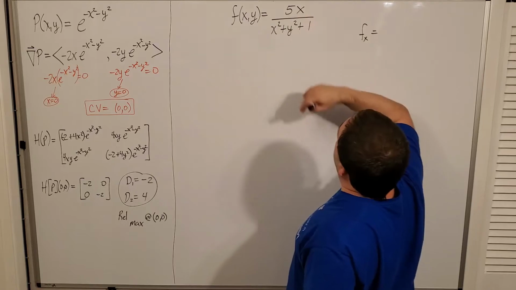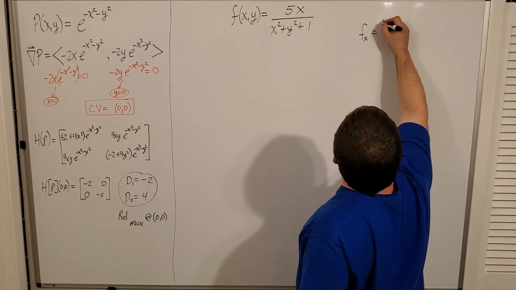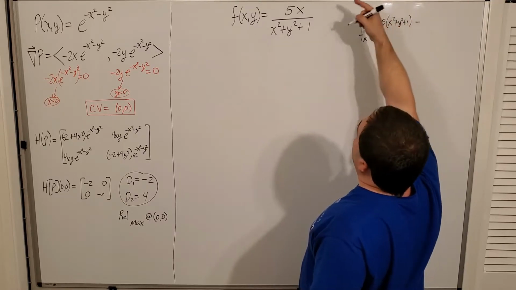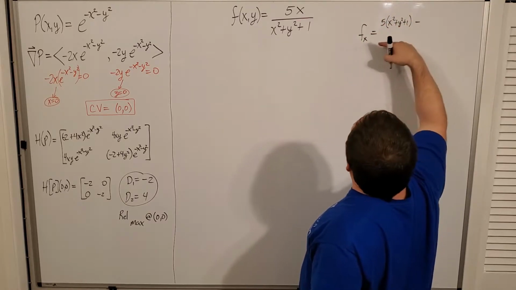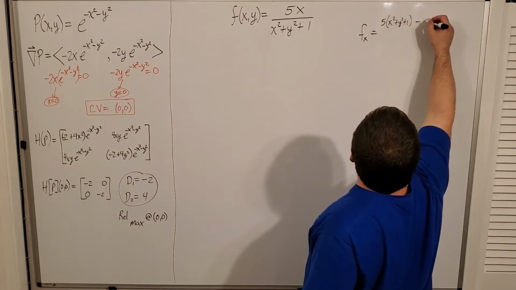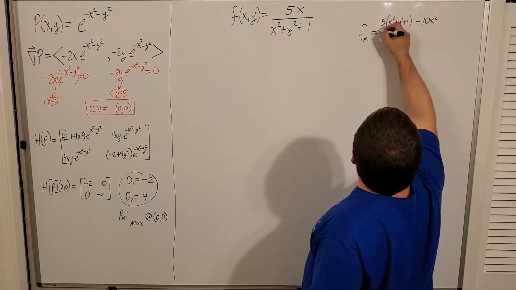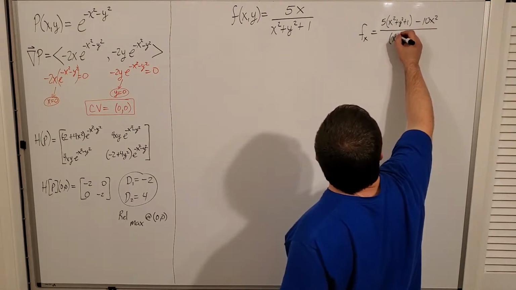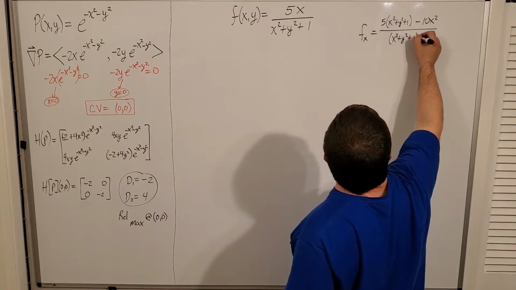So that's a low d high. That's going to be 5 times x squared plus y squared plus 1 minus high d low. And its derivative with respect to x. So it's just going to be 2x times 5x. So 10x squared over the square of below. So x squared plus y squared plus 1, squared, right?